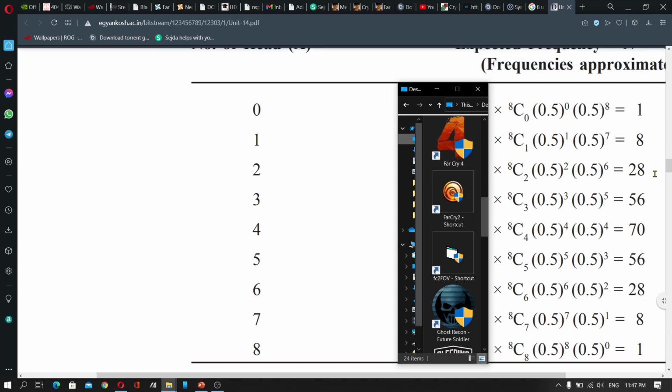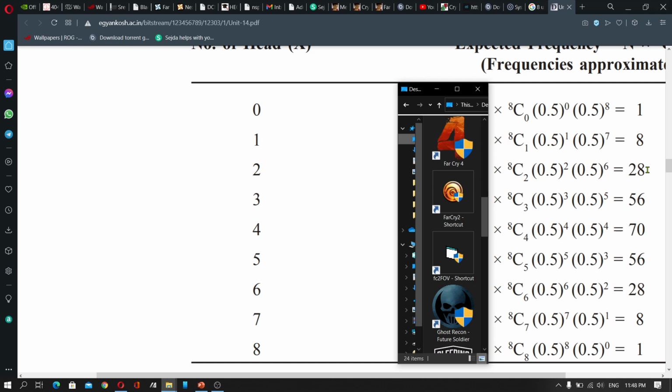How are you going to find the probability for at most 2? At most 2 heads means you might get x equal to 0 or x equal to 1 or x equal to 2. So just add all these 3 numbers, 1 by 256 plus 8 by 256 plus 28 by 256. So you will get the case of at most 2 heads.